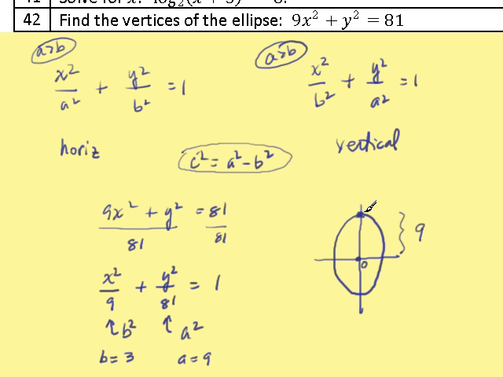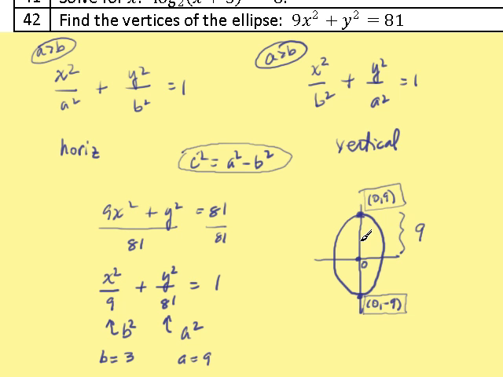So this point here is 0, 9, and underneath this is 0, minus 9. The vertices are the high and low points. If we're talking about a vertical ellipse, the high point and the low point. So these are the vertices, the two pointed ends, let's call them, of the ellipse. So these are the vertices, and that's all we had to find here. Okay, 0, 9, and 0, minus 9.